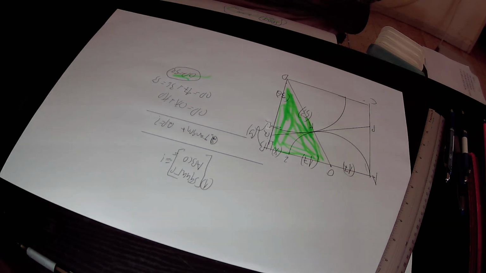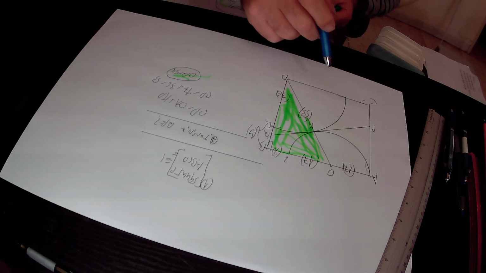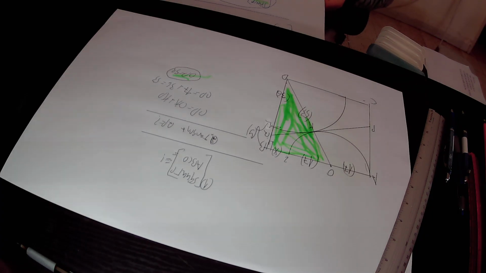So we finish answering the first part of this question. The second part of the question is to find the length of this tangent PQ. So what is the length of tangent PQ?